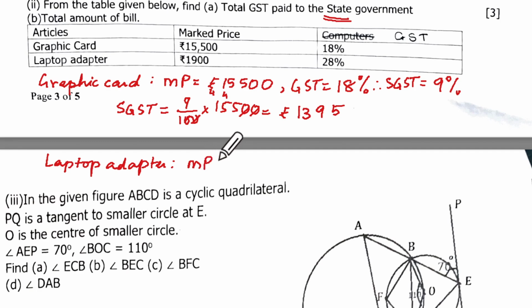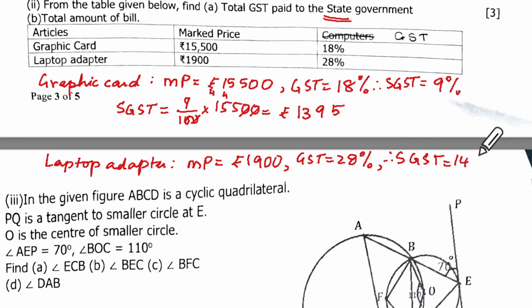Mark price rupees 1900. GST is how much? 28%. Therefore, SGST would be 14%. Okay, so therefore SGST will be equal to 14 upon 100 into 1900.